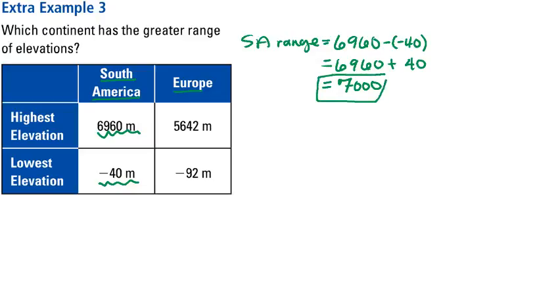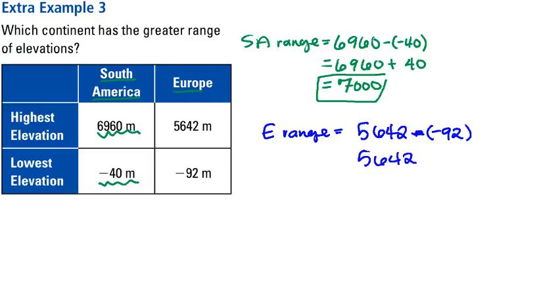Then as we look at Europe, the Europe range is going to be equal to 5,642 meters, and we're going to go ahead and subtract that negative 92 meters. So that's going to be 5,642 plus that 92.